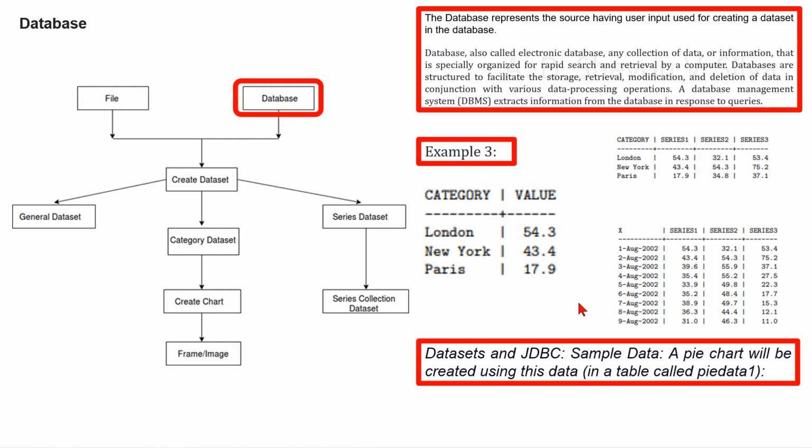For example, ask your database administrator to help you if necessary. For example, you can create a database JFreeChartDB, but you can change the name if you want to. Here you can see category and value. Here category, series 1, series 2, series 3, here X, and series 1, series 2, series 3.